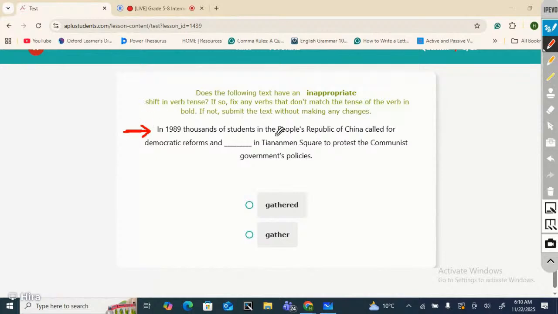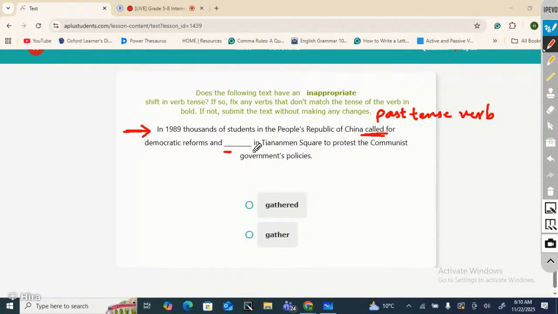Okay, let's look at the first verb used in this text. Thousands of students in the People's Republic of China called. Which verb is it? It's a past tense verb. If this one is a past tense verb, we must add another past tense verb unless it reflects a time change. But if you read the sentence, I guess we don't need to reflect any time change.